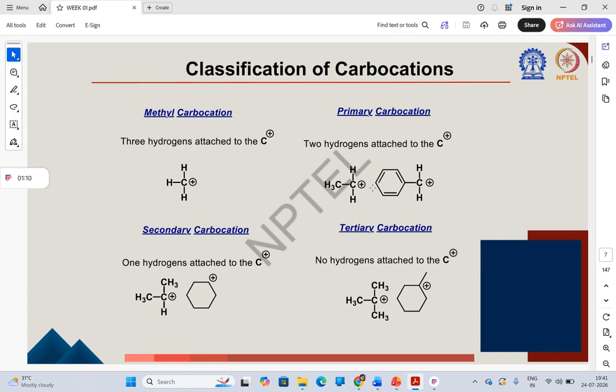The other species has one hydrogen attached, a secondary carbocation, where the carbon is attached to two carbons. And the tertiary carbocation is the carbon which is attached to three different carbons.